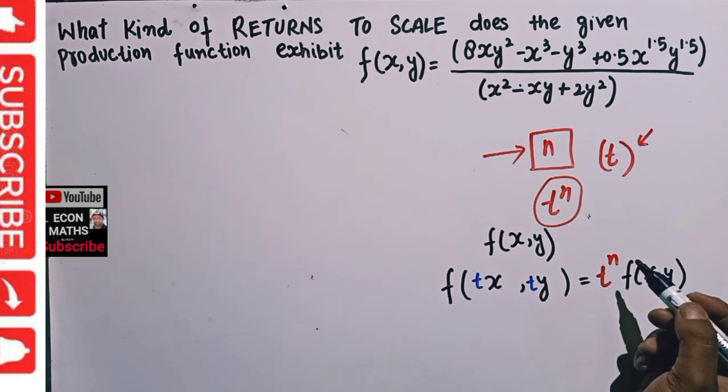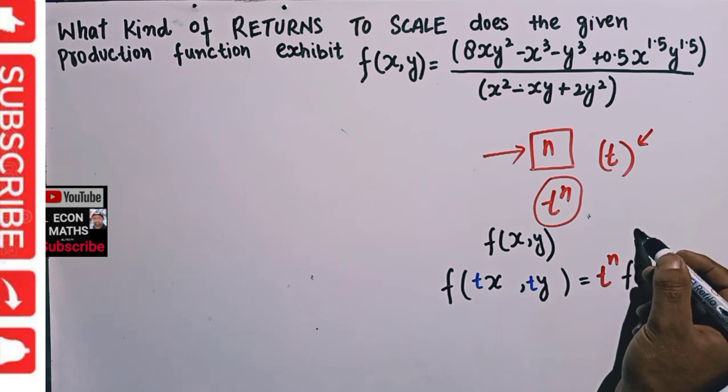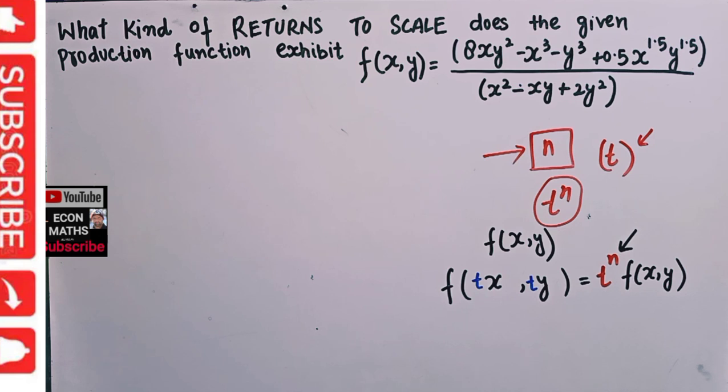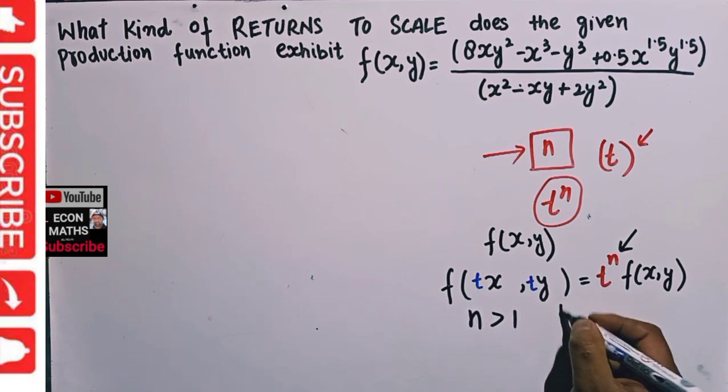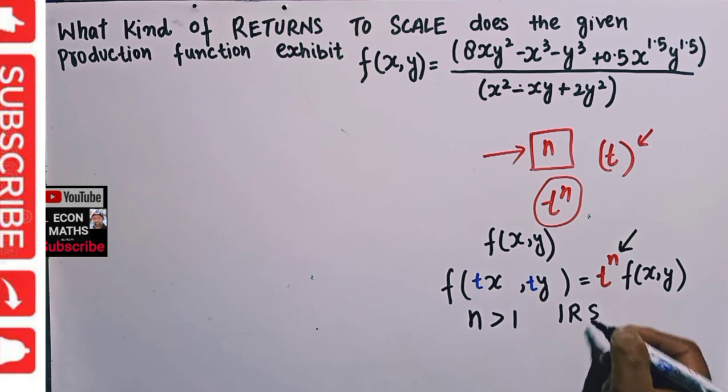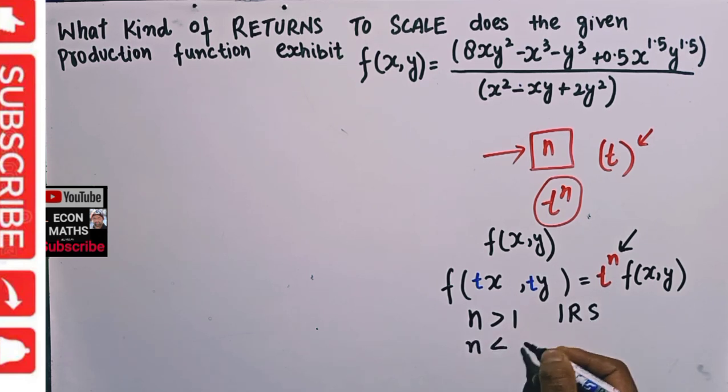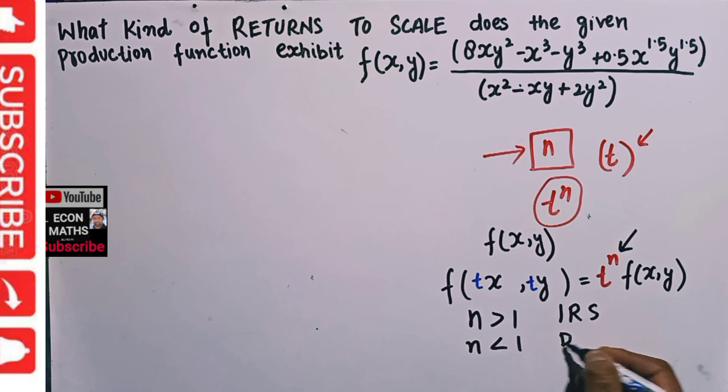And it all depends upon this n. If n is greater than 1, we have increasing returns to scale. If n is less than 1, we have decreasing returns to scale. And if the value of n is equal to 1, we will have constant returns to scale. Simple thing.